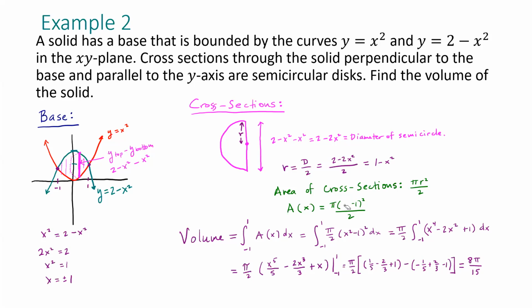And we can see why that actually didn't make a difference in the end, because I wound up squaring it here. When I squared it at this step, it came out to be the same as if it were the other way around.